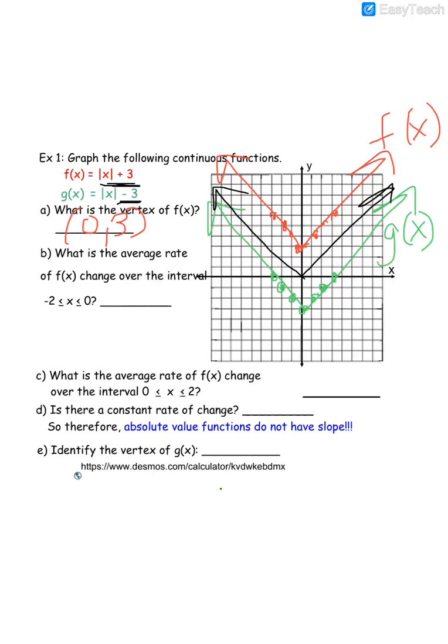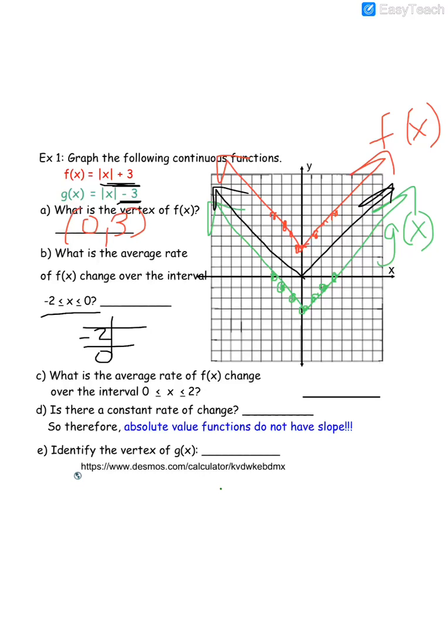So what is the average rate of change of f of x over the interval of negative 2 and 0? We know how to find AROC. We're just going to make a little table, and we're going to have negative 2 and 0, and we're looking at f of x.